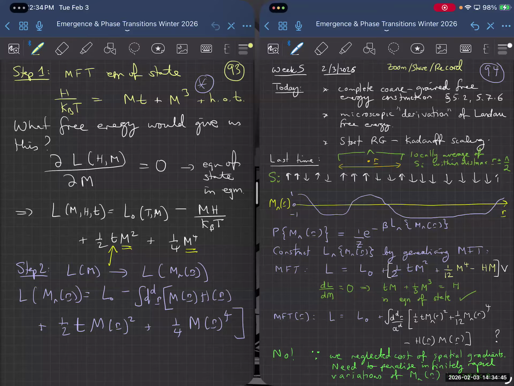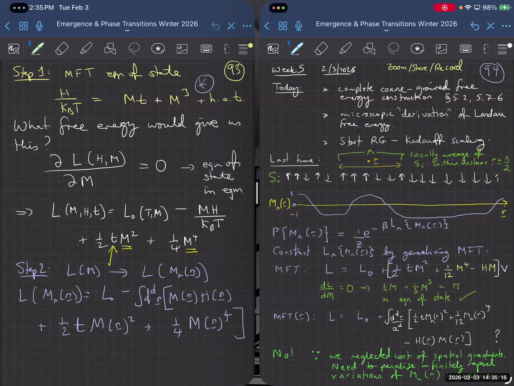And so what we started doing last time was we said, well, if I take mean field theory, or I take a series of spins and I work out the magnetization per spin, I now want to work out what is the free energy that corresponds to that in a uniform system. So I take the equation of state that we derived from mean field theory a couple of lectures ago. That equation of state came from differentiating a free energy with respect to M and setting that equal to 0.